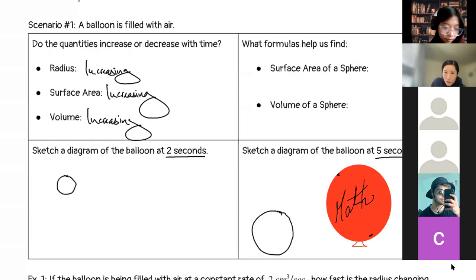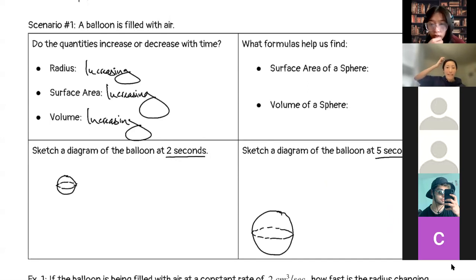But if I were to put a little bit more detail on here, I might draw a little fancy belt around this to show that it's three-dimensional, right? And same thing here. 4 pi r squared? Yeah, 4 pi r squared. Exactly. That is our surface area formula.